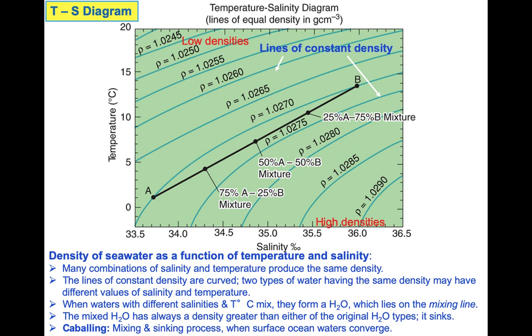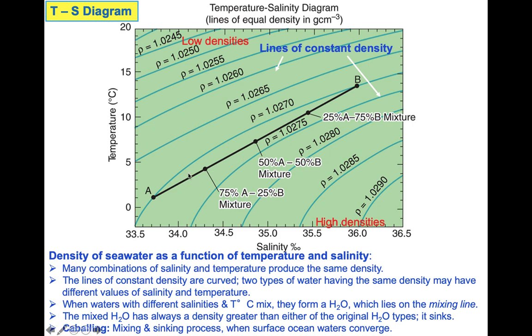ocean currents. And so when you have this line of mixing between A and B, any water mass or water column with changing physical properties along this line will basically have different mixtures of A and B. Okay.